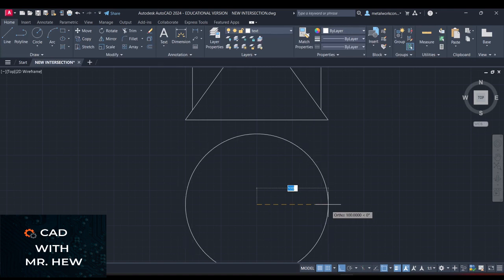And what else are we going to see? We're going to see a square.